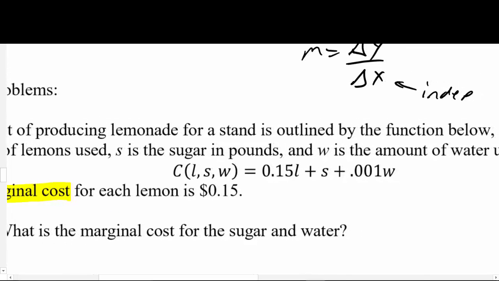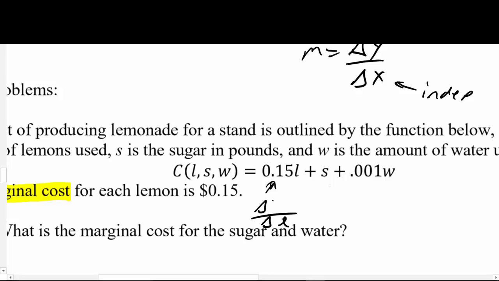Well, so in this case, what are we looking at here? In this function, I have three independent variables, but this slope is only related to lemons. So if I'm looking at this slope right here, this is change in blank over change in L, right? It's dependent over independent.